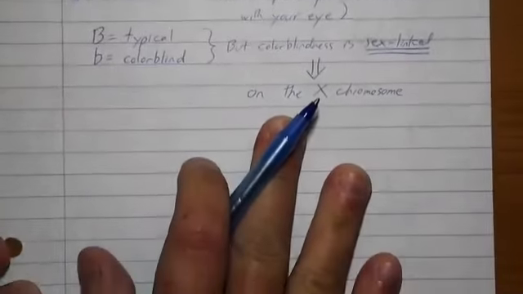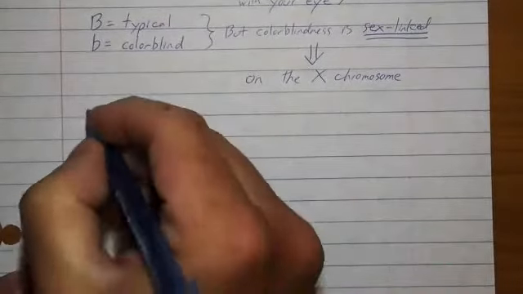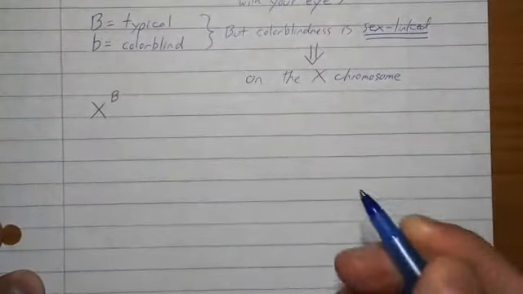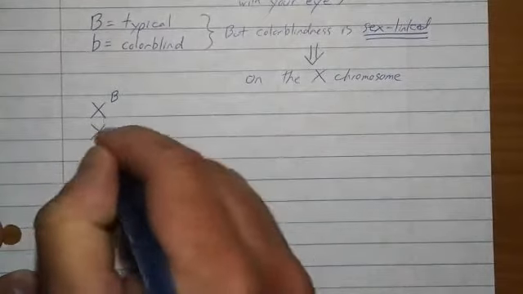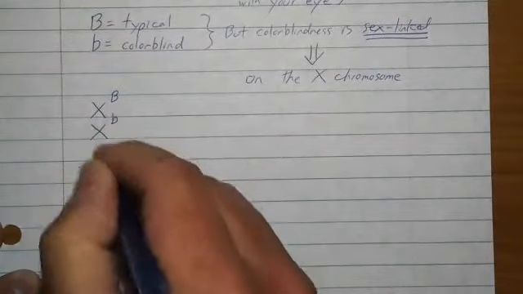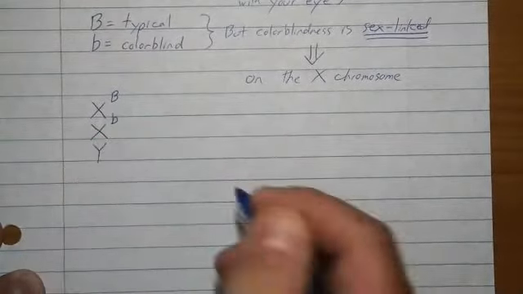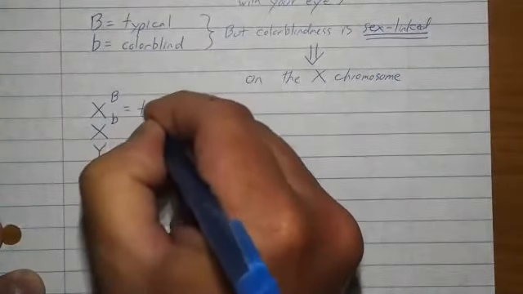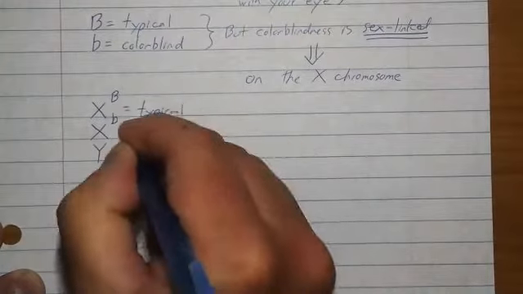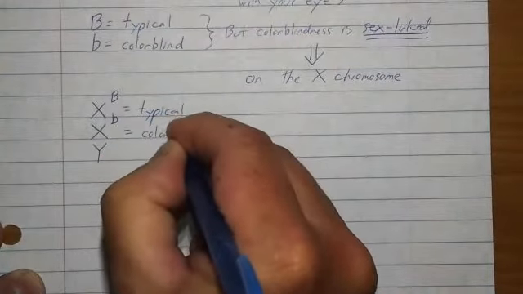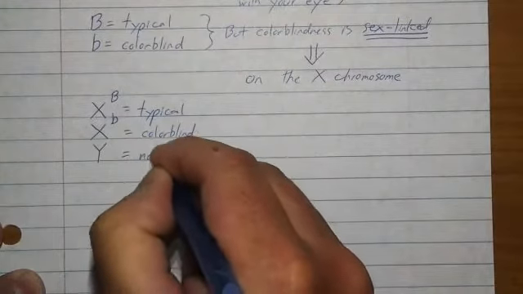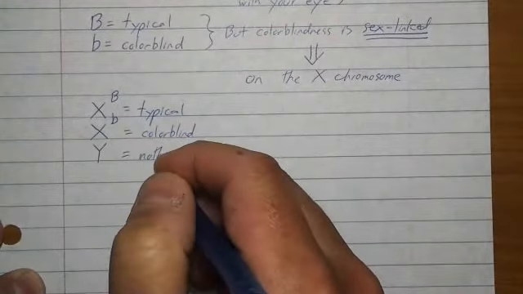How do you do that? Well, the way we write it is we say, all right, you could have an X chromosome with a capital B. You could have an X chromosome with a lowercase b, or you could just have a Y chromosome, which gets no letter at all. And then we say this would be the typical. This would be for colorblind. And this would be for nothing, because it doesn't affect this trait at all.